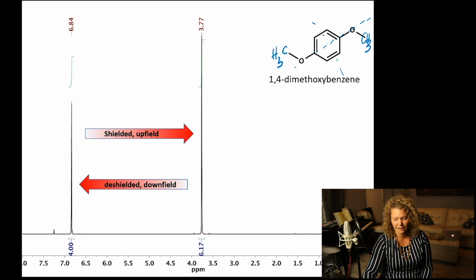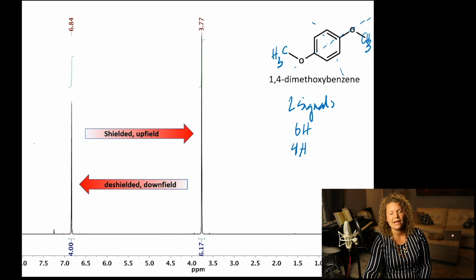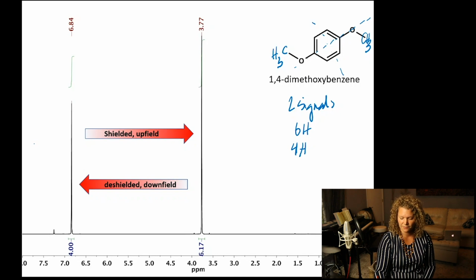This makes sense why we have 2 signals. 6 hydrogen and then another signal of 4 hydrogen. And we know that our methyl groups would be the lowest ppm signal here. So let's label these with HA. And let's label our aromatic hydrogens as HB.